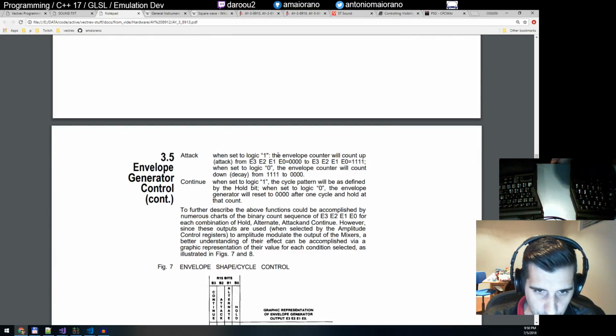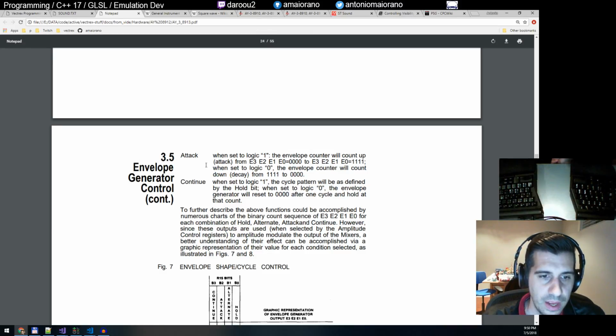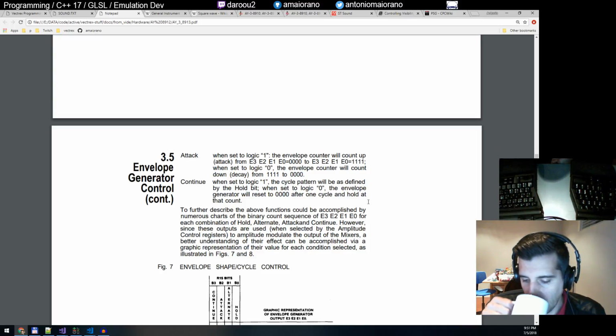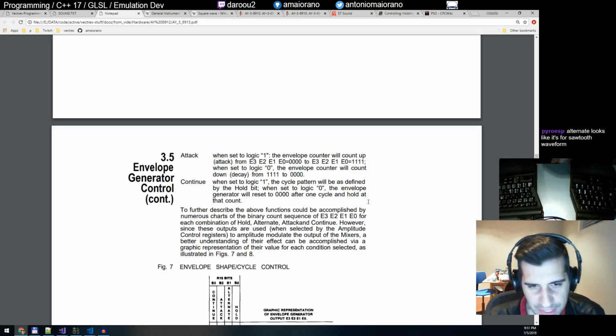So when set to 1, the envelope will count up from 0 to 1111, and when set to 0, the envelope counter will count down, decay, from 1 to 000. Continue. When set to 1, the cycle pattern will be as defined by the hold bit, and when set to 0, the envelope generator will reset to 000 after one cycle and hold that count. Let me see if I understand.